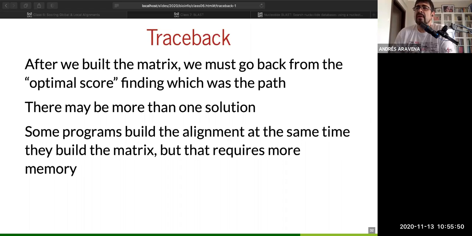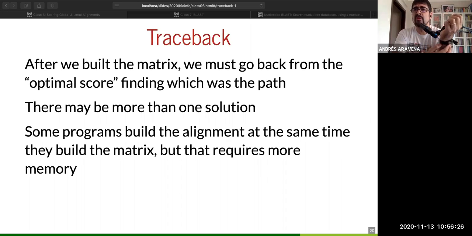Given all that, the program will fill this dot plot matrix with the scores corresponding to the substitution matrix, and find a path, a trajectory inside that dot plot matrix, and you get the best score. In particular, when we do local alignment, we go from any starting point to any ending point, trying to find the maximum total.